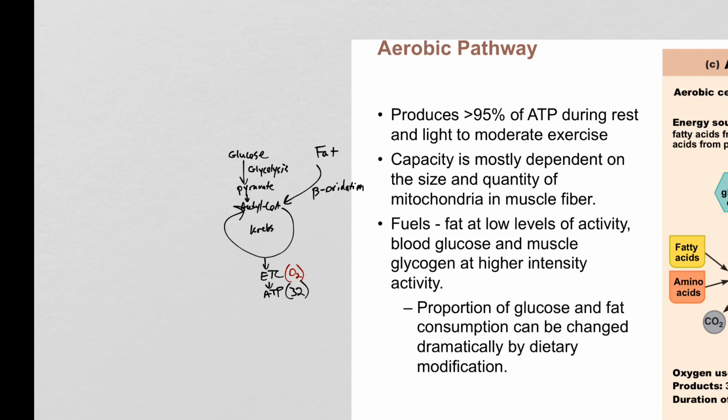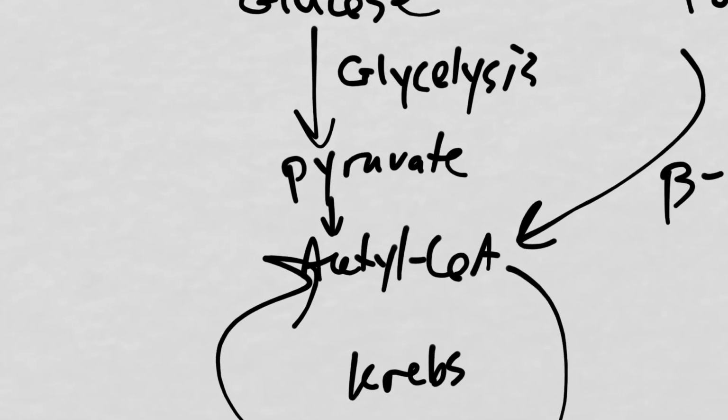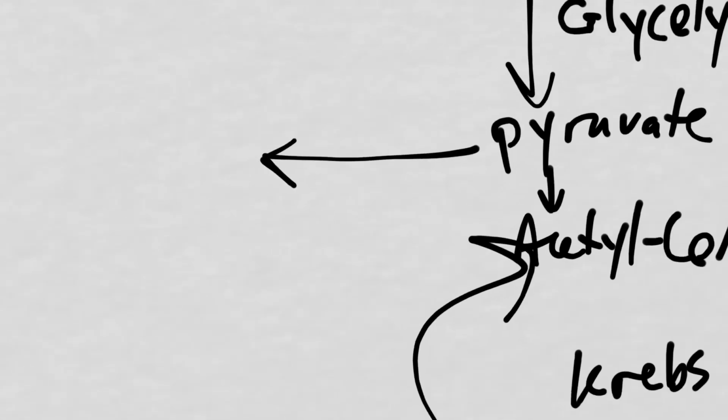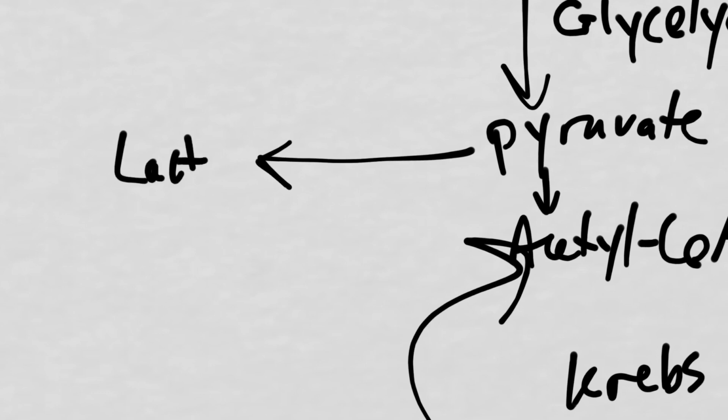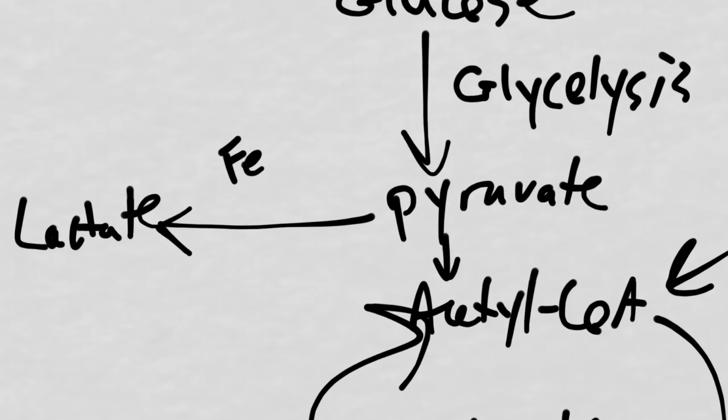The backup plan, there are really a couple backup plans, but the primary one is if oxygen isn't plentiful enough to make the ATP that you need to completely fuel the muscle contraction, you can take some of that pyruvate and ferment it into lactate, lactic acid. That's fermentation, right?